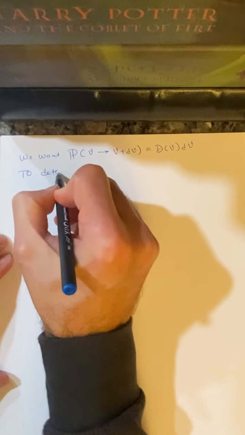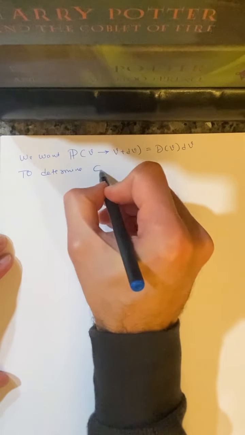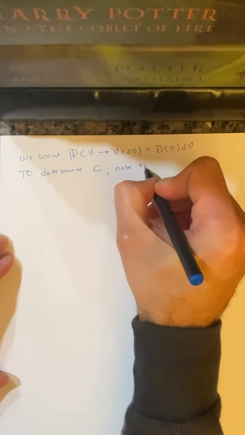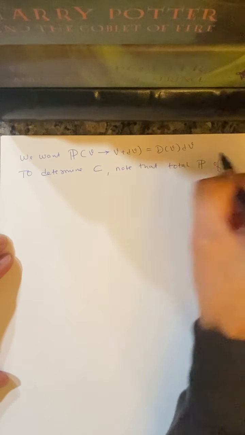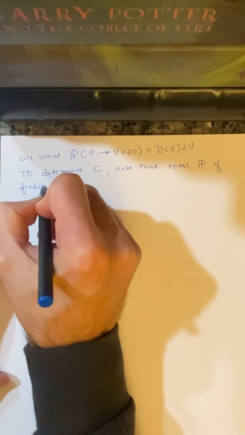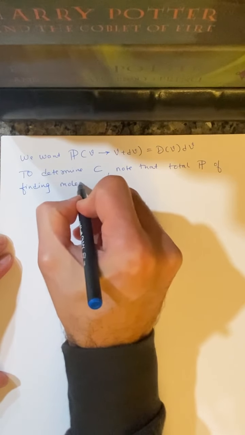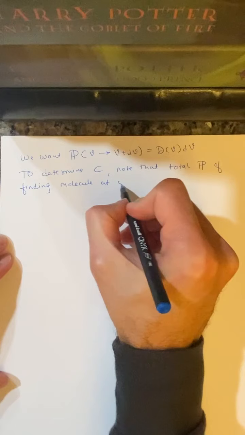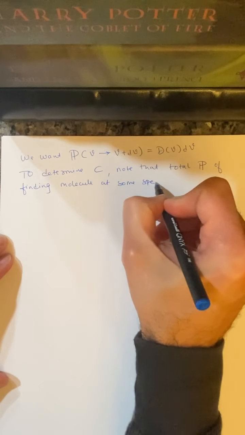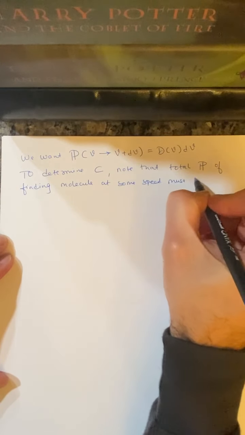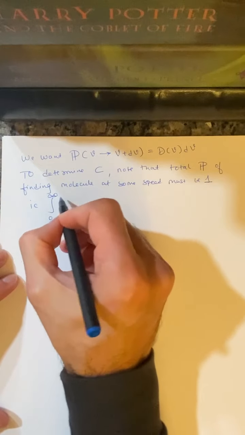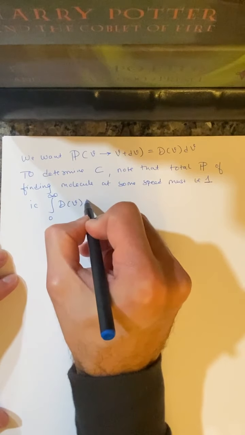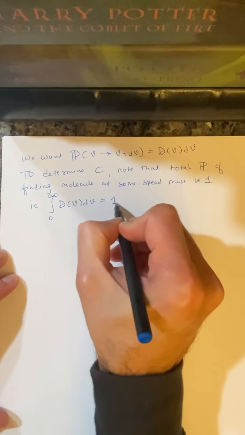To determine C, note that the total probability of finding a molecule at some speed must be 1. Therefore, I can write this down as the integral from 0 to infinity of D of v dv is equal to 1.